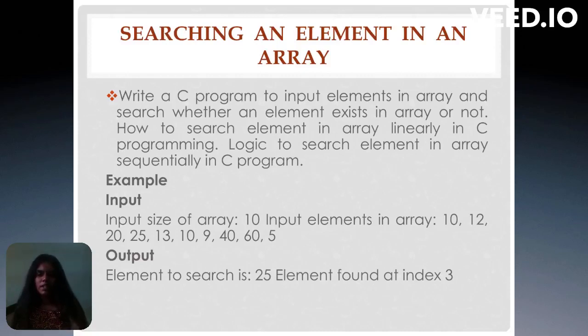First we input the size of the array, which is 10. Then we take 10 input elements: 10, 12, 20, 25, 13, 10, 9, 40, 60, and 5. We have to search for the number 25. 25 is found at index 3, so the element is found.